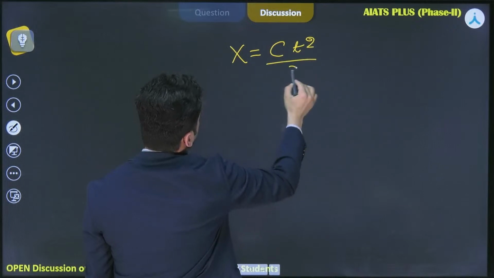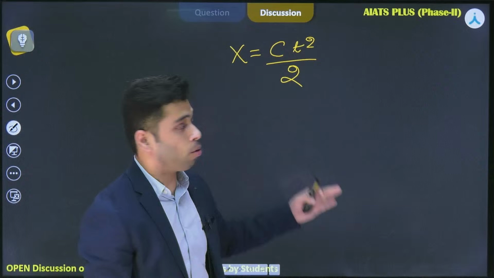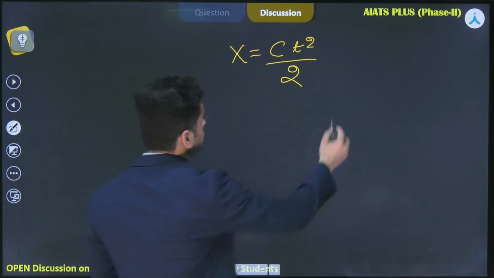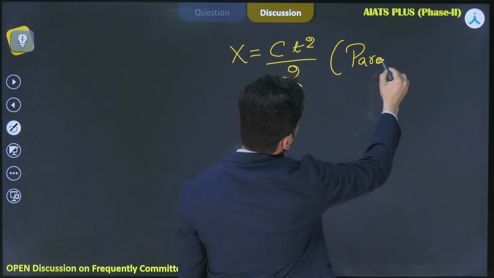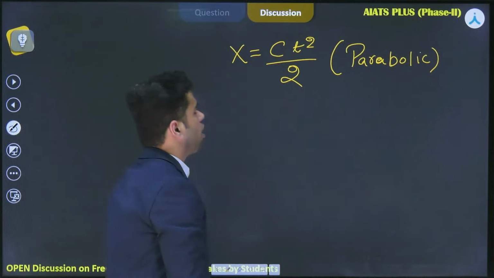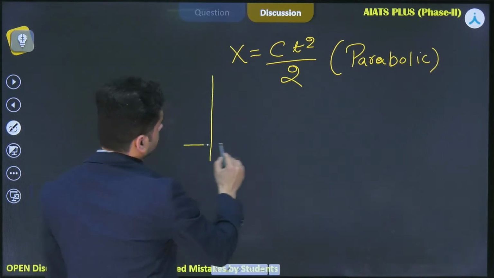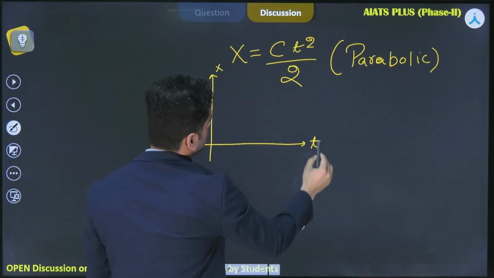What kind of variation is x having with time? Can anyone name me the variation based upon this equation? This equation is parabolic. The variation is parabolic. And what should be the graph between x and t? There are two kinds of graph possible over here. You should know how to differentiate between the two graphs.